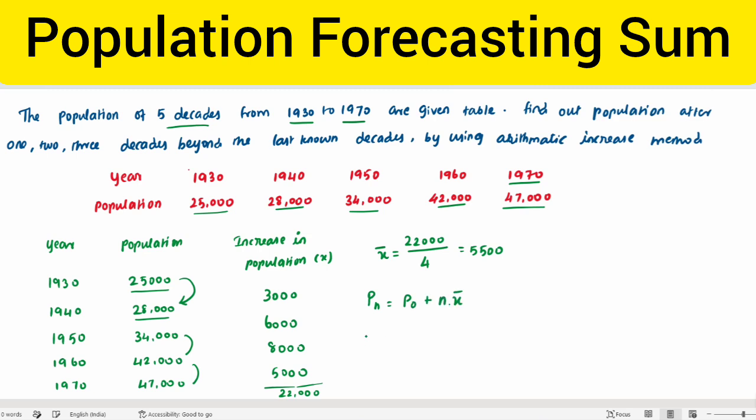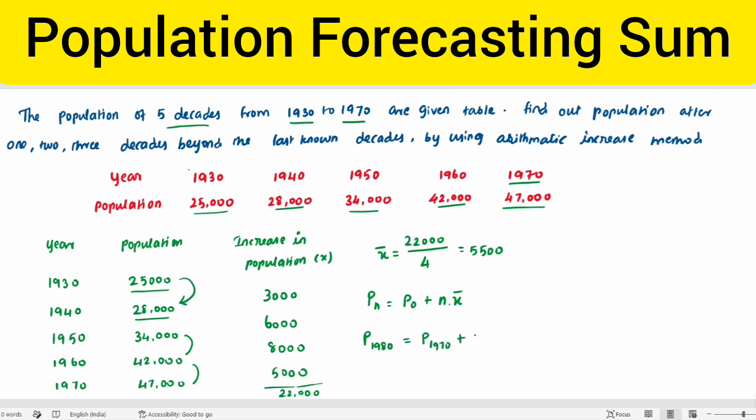x bar. Now the first forecast population is for 1980. The last known decade is 1970, and the first decade ahead is 1980. So P naught is the last decade population, that is P 1970, plus n.